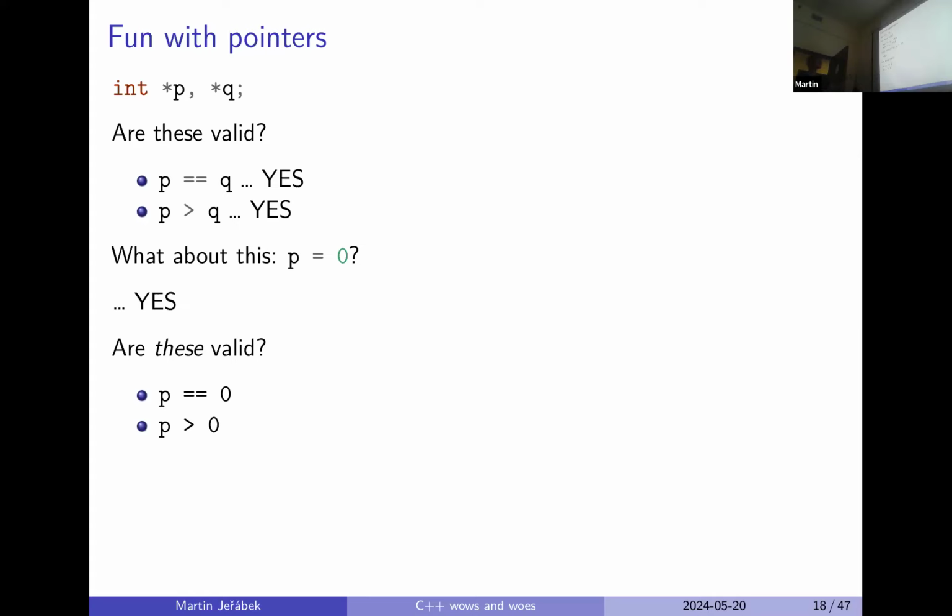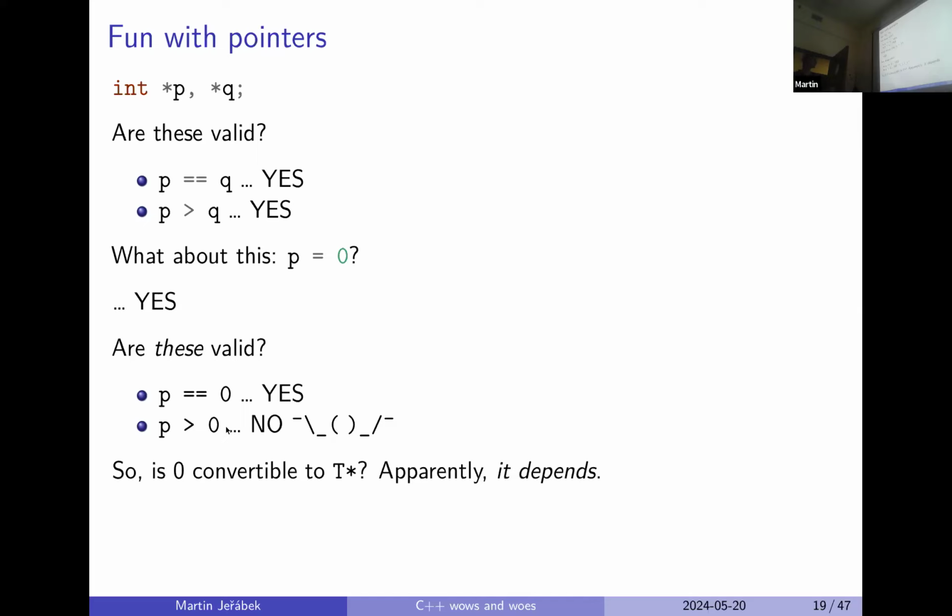But 0 is convertible to a pointer, so why wouldn't the second one be all right? It turns out it isn't, but no idea why, because apparently 0 is sometimes convertible to a pointer and sometimes it's not. I didn't go deep into this one.